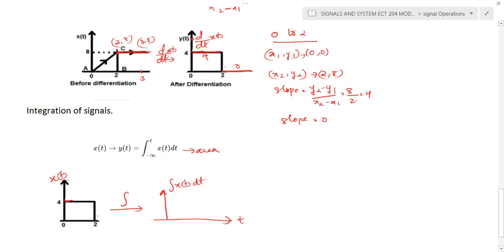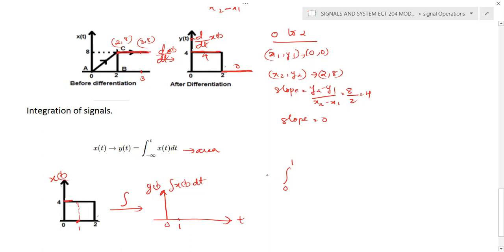So here the signal amplitude is 4 from 0 to 2. If you want to find out the amplitude of the signal at t is equal to 1, this is the point 1, we need to integrate the signal from 0 to 1. Assume that this is y of t.